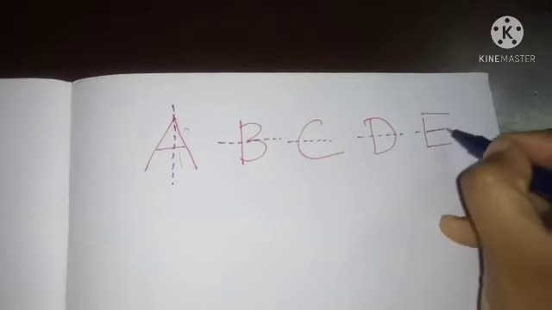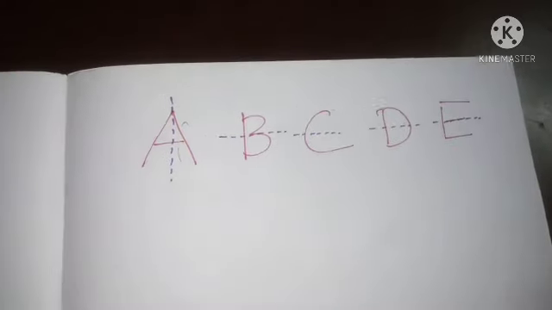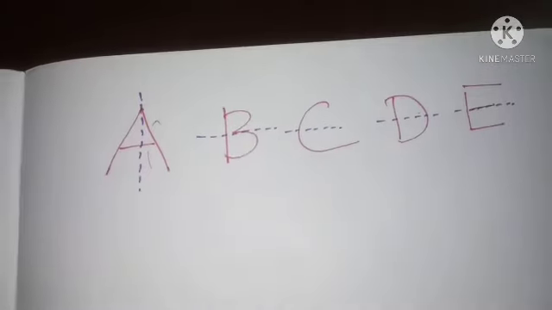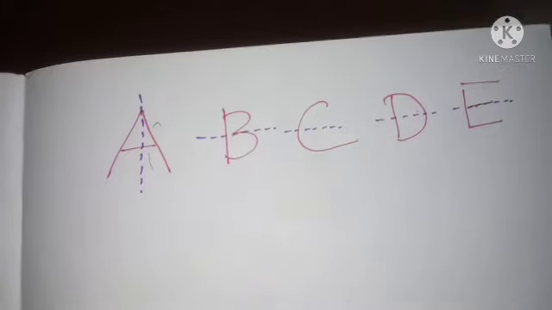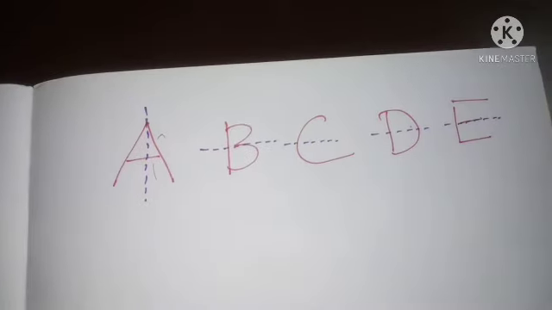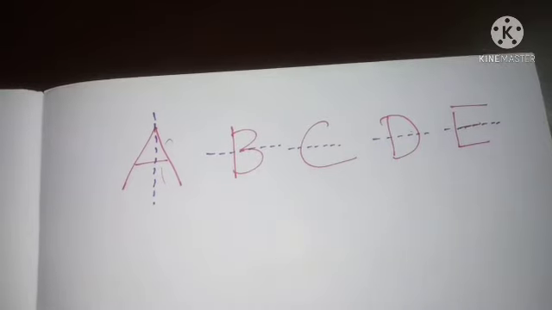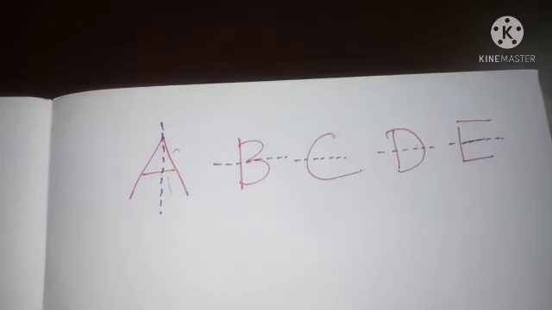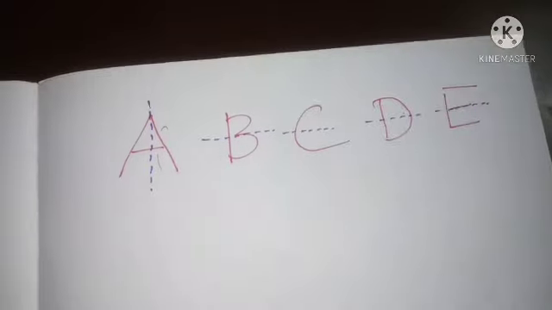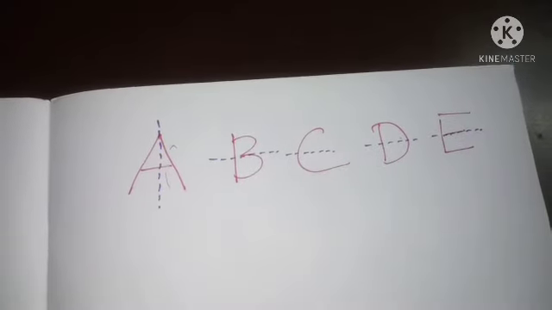E also the same thing, I have to draw the horizontal line of symmetry. So A, B, C, D, E are symmetrical. Okay. So likewise you can go from A to Z. For all the alphabets, you can find whether it is symmetrical or not by drawing the line of symmetry. Okay.